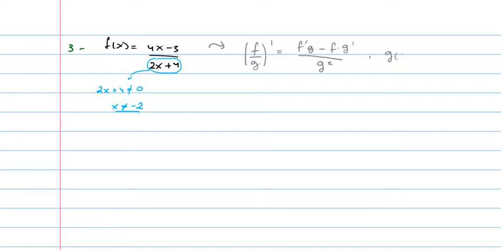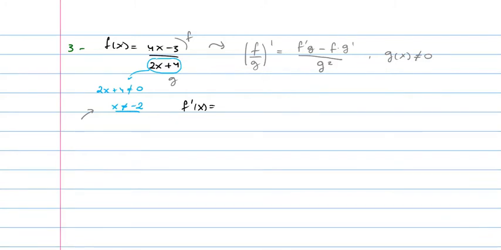And that is whenever g of x is different to 0, and that is why we did this. Because in this case, 2x plus 4 would be our g, and 4x minus 3 would be our f. So let's use this rule and just calculate f prime.